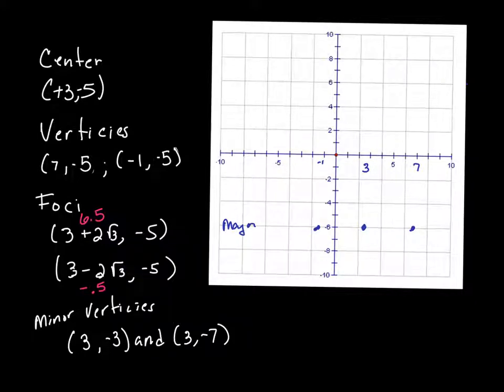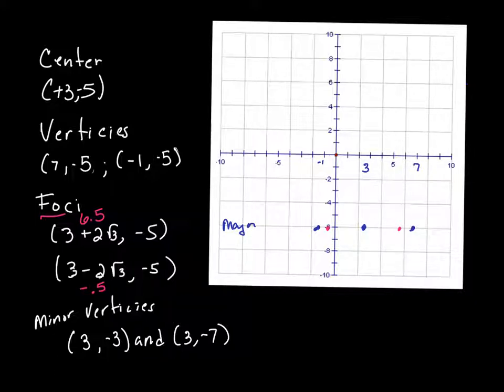All of those y values stay the same, and the only thing that changes is x. Now, let's also go ahead and plot the foci with those. Our foci is going to be about here and right about here. Now those foci don't get included in the graph.